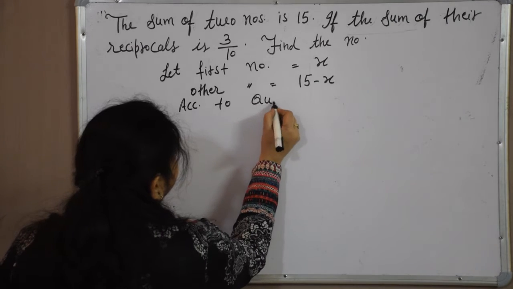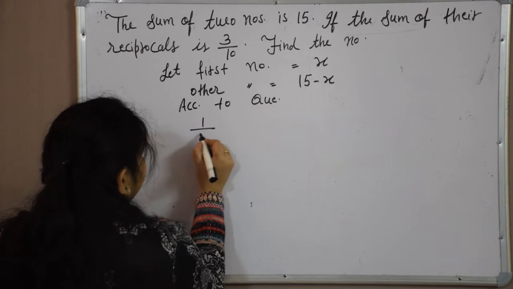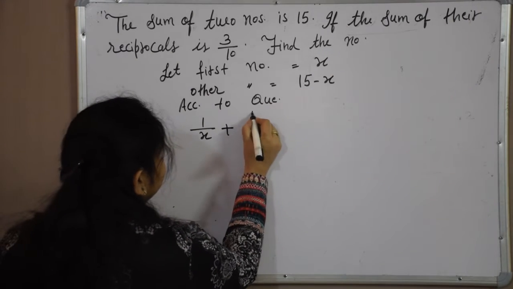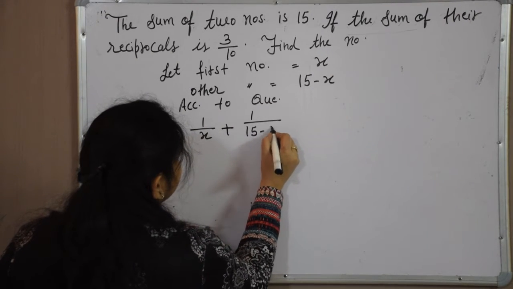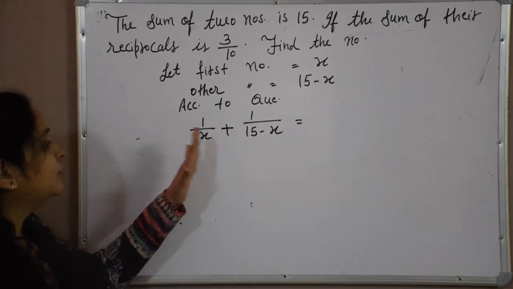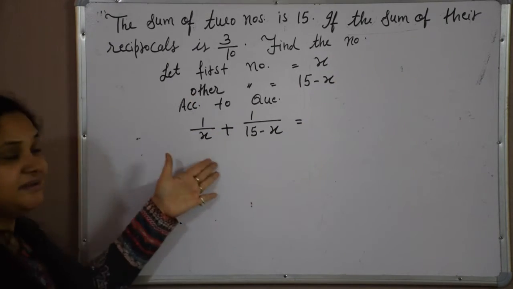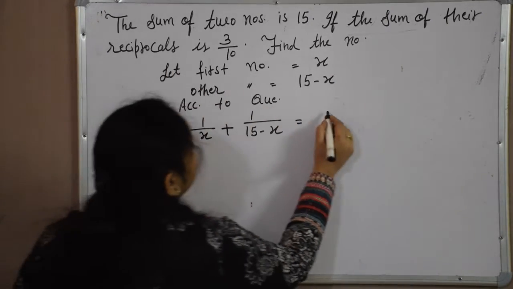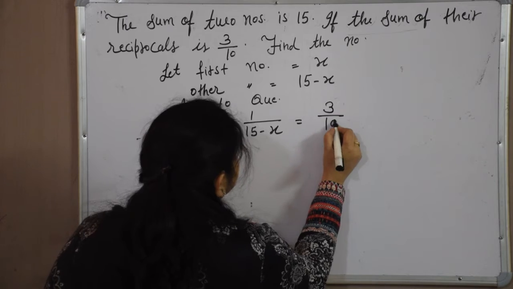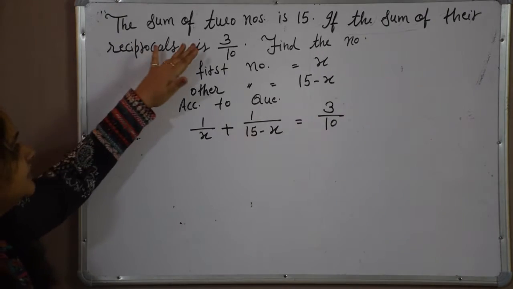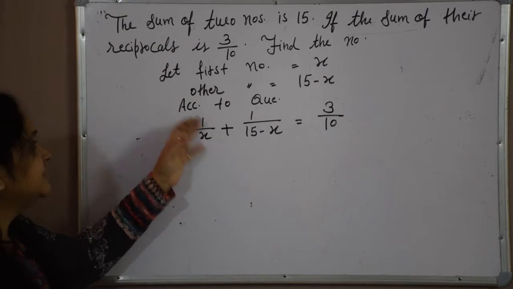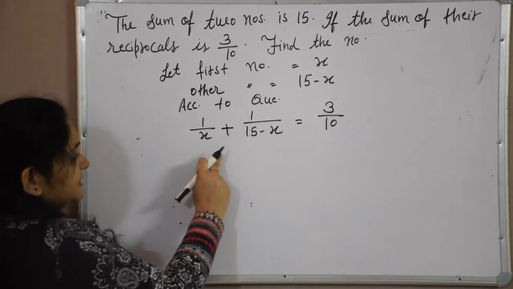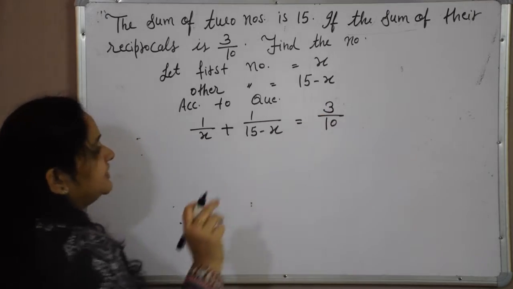According to the question, the reciprocal of x is 1 by x and the reciprocal of 15 minus x is 1 by 15 minus x, and first we take their reciprocals and then we take their sum, and it is given equal to 3 by 10. This is the condition. The main thing in converting a statement to an equation is how wisely we use the condition. 1 by x plus 1 by 15 minus x is equal to 3 by 10.